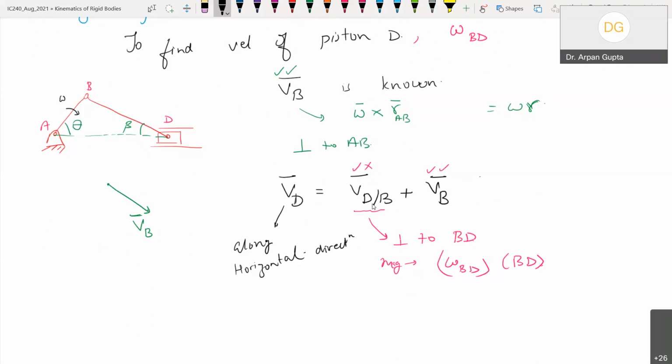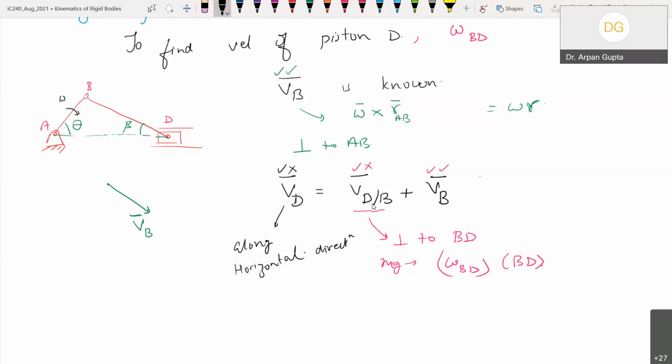The direction is known, but the magnitude is not known. So in this vector equation, it's a 2D vector equation. We have got two unknowns, and it's a 2D equation, so this represents two scalar equations. So the idea is we can solve this.